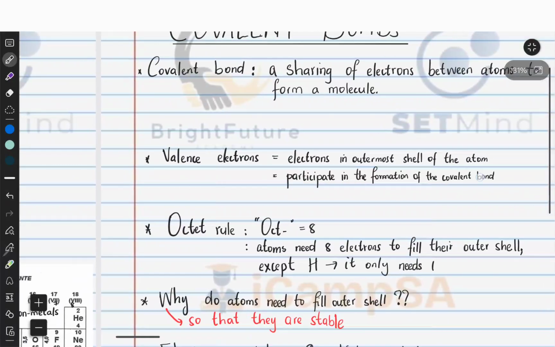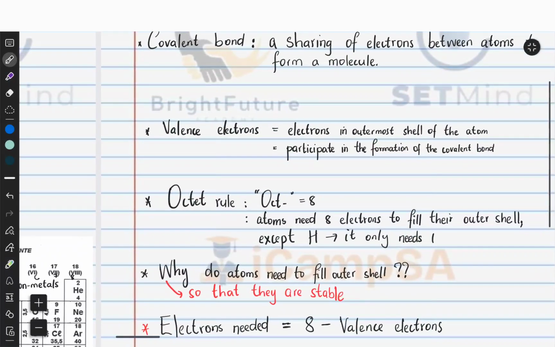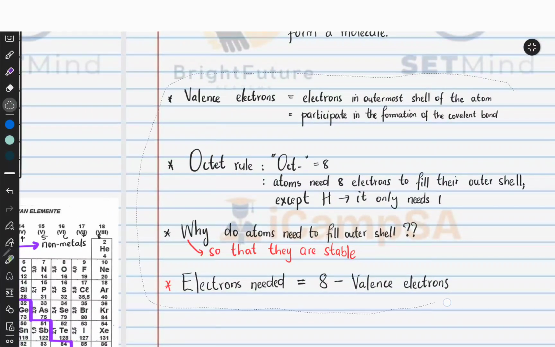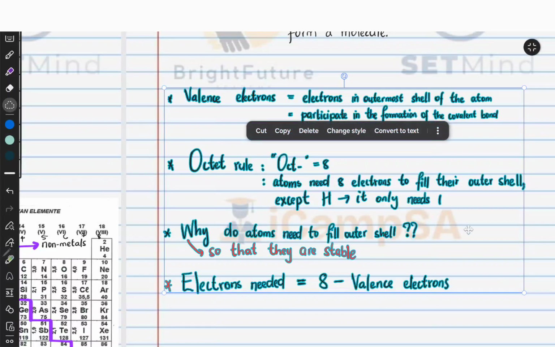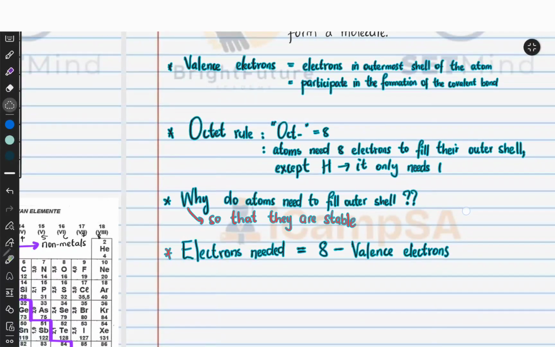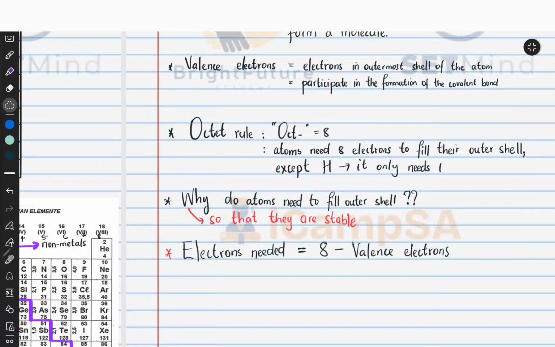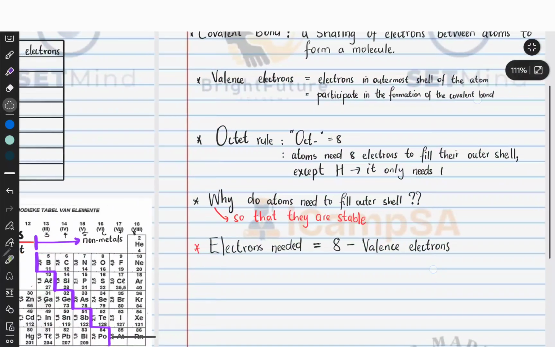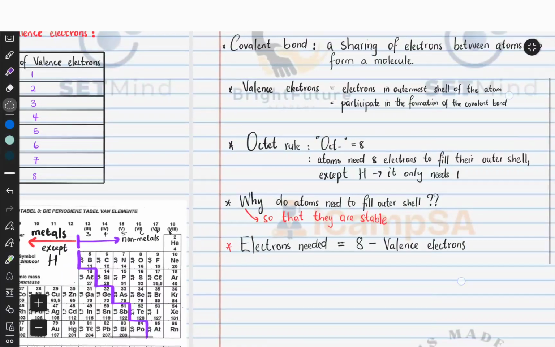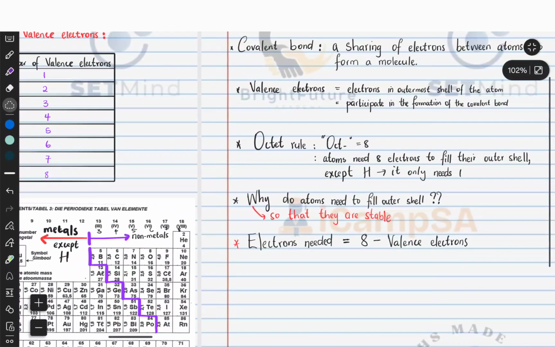Now, again, these atoms will have valence electrons, and depending on how many valence electrons they have, they will then need a certain number of electrons to fill their outer shell. And then they will want to share electrons amongst each other so that each of them gets to fill their outer shells.